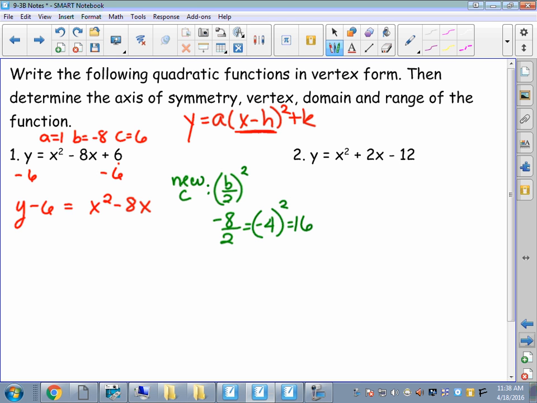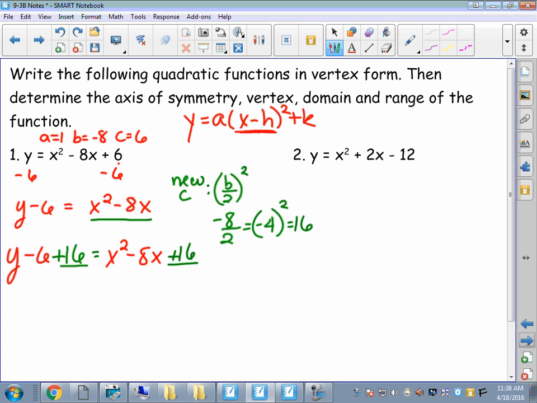That's the C value that will make this a perfect square trinomial. So I'm going to add 16 to this side, and I'm going to add 16 to the other side. So what we'll have is y minus 6 is there. I'm going to add my new perfect 16 to the one side, which allows me to add it to the other side as well.